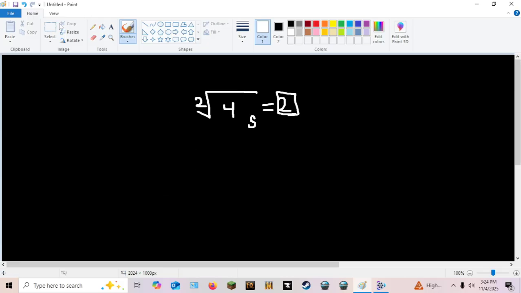Then what about the super root of, let me say, 256? We already know the tetration, which is 2, but we're finding the base. 4 tetrated to 2 gives us 256. So the answer is 4.